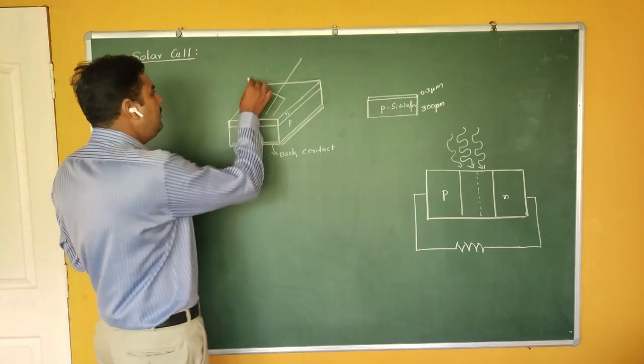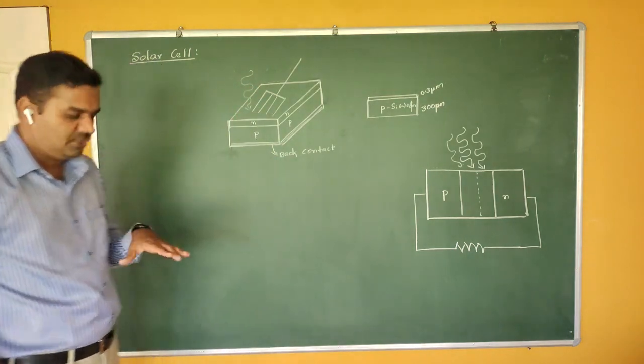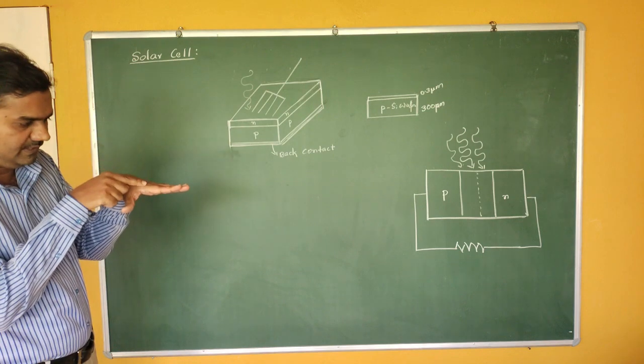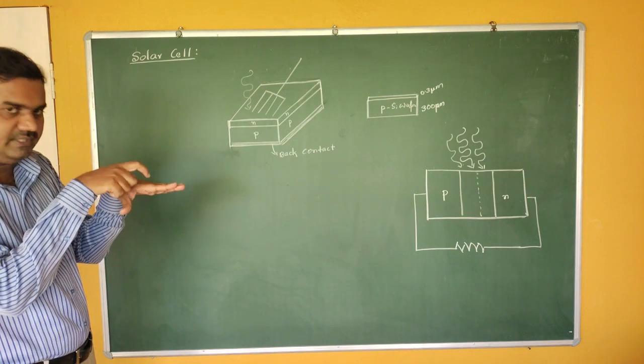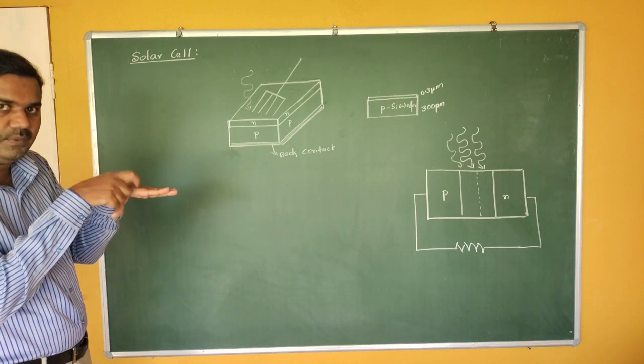The reason is, when light first interacts on the N side, that interaction may produce the liberation of electrons and holes, which we don't require here.